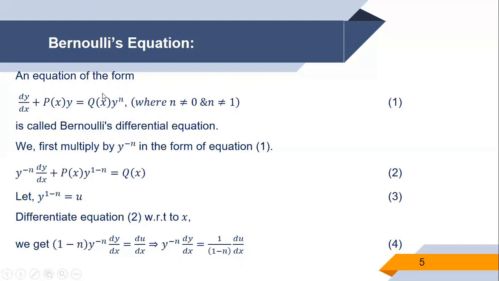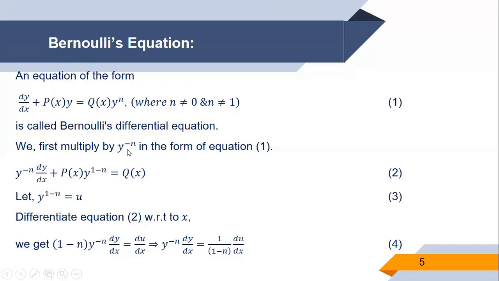So how to convert this Bernoulli equation into a linear form? First we multiply this Bernoulli equation, equation 1, by y raised to minus n.